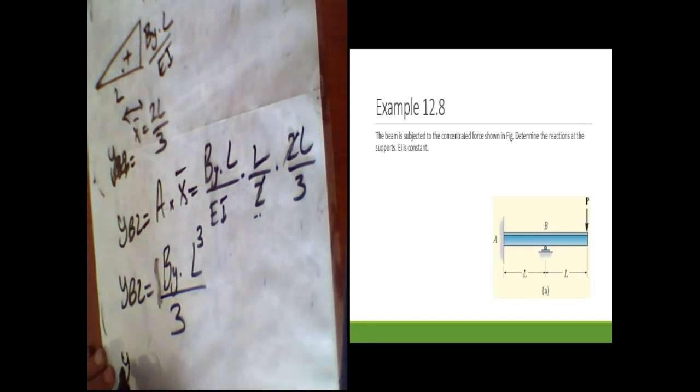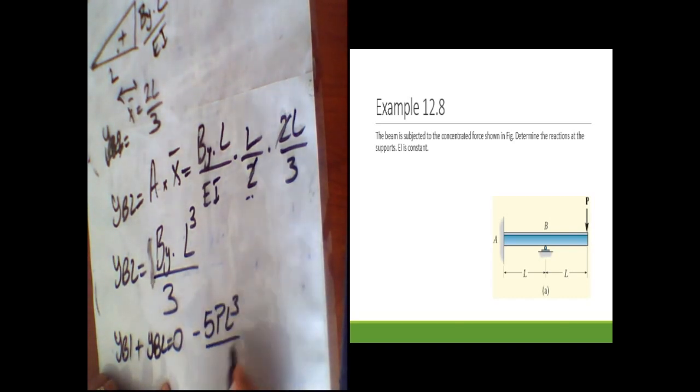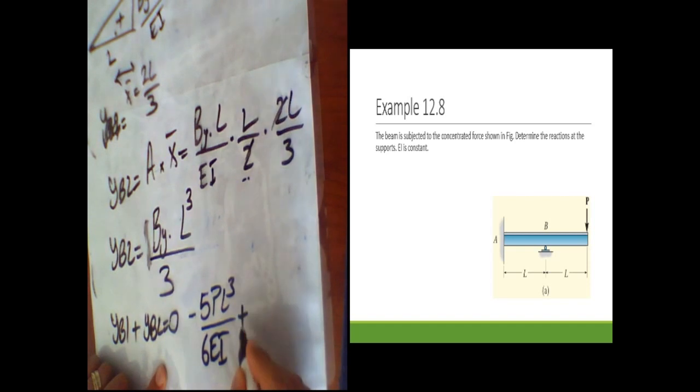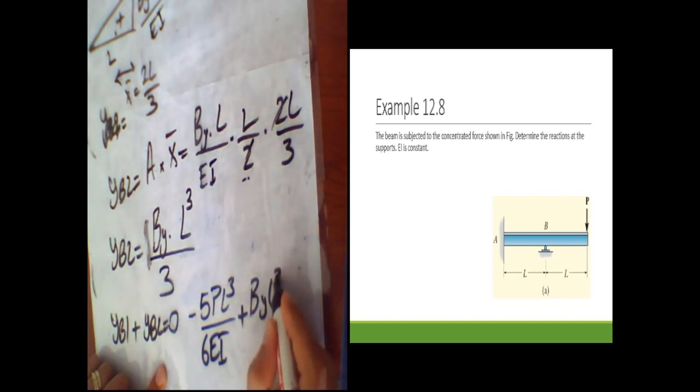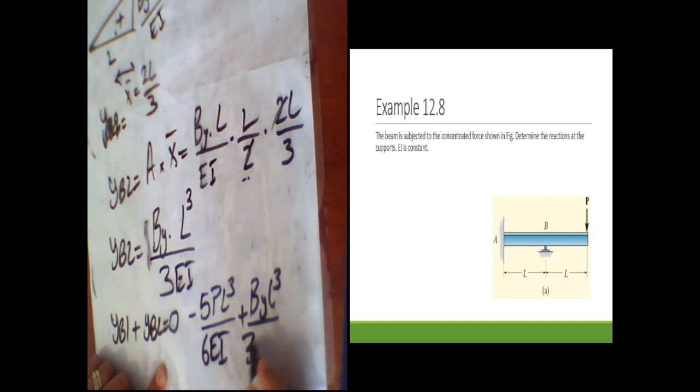So you remember that YB1 plus YB2 is equal to 0. YB1 is minus 5PL cubed divided by 6EI plus BY L cubed, sorry, over 3EI, I forgot this, equals 0.